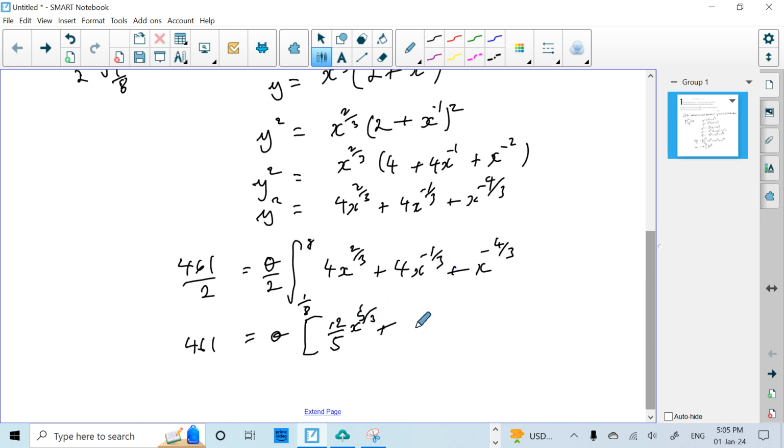And the similar rule applies there. That will give us 6x to the 2/3 and minus 3x to the minus a third. And we put our limits of 8 and 1 over 8.